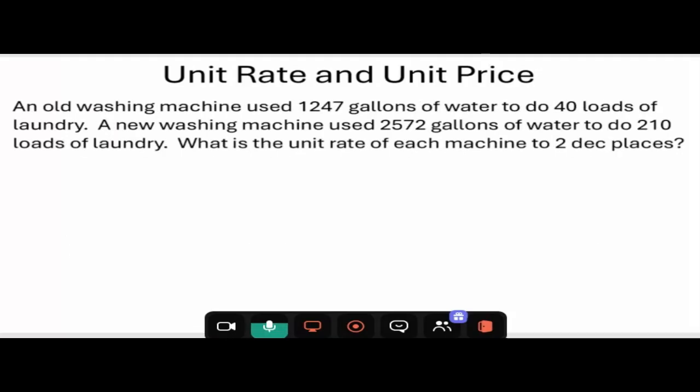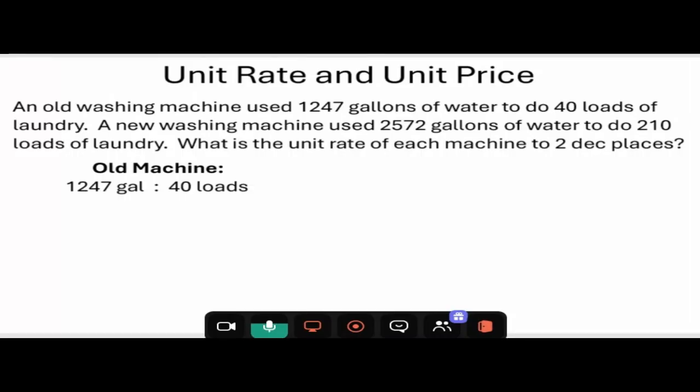So let's see, an old washing machine used 1,247 gallons of water to do 40 loads of laundry. A new washing machine used 2,570 gallons of water to do 210 loads of laundry. Okay, numbers floating around everywhere. What is the unit rate of each machine to 2 decimal places? Let's break it down. Let's look at the old machine first. 1,247 gallons to 40 loads.